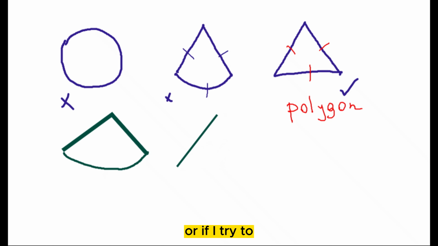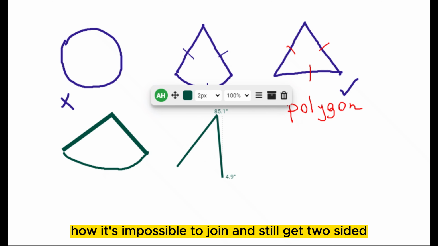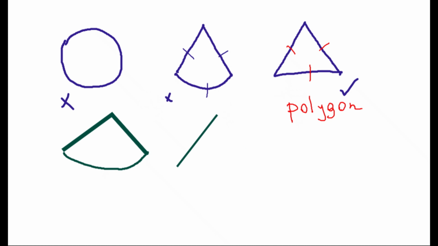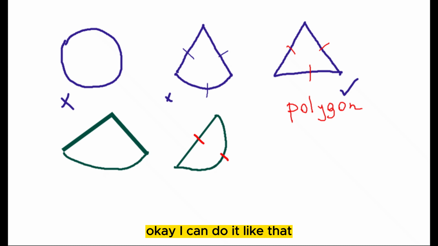Or if I try to join one straight side, it's impossible to join and still get a two-sided polygon. Okay, even if I try to get a two-sided shape, I can do it like that. So this is a two-sided shape.